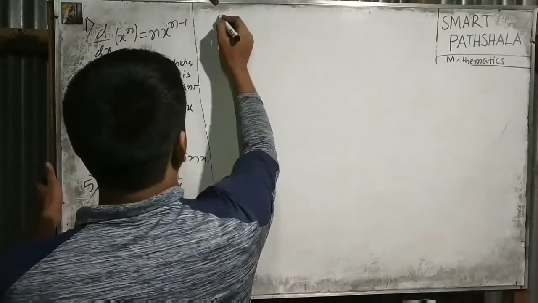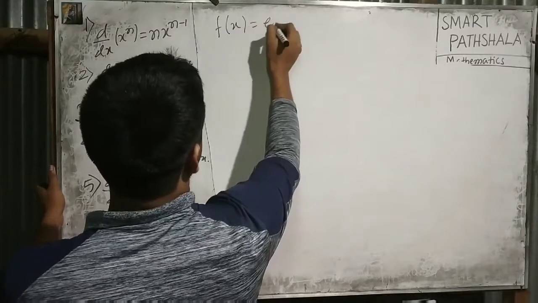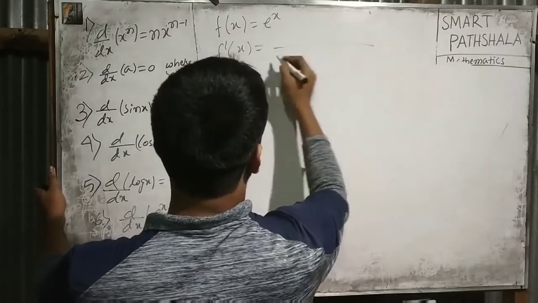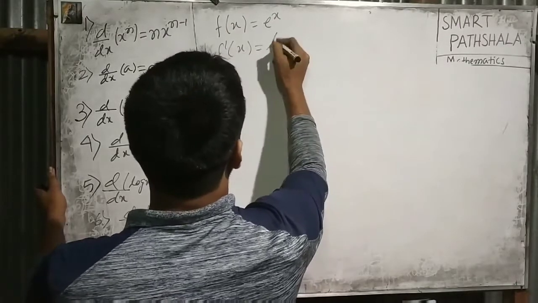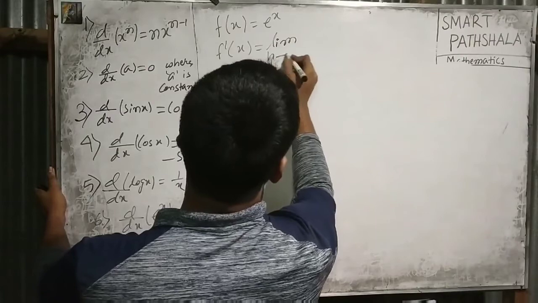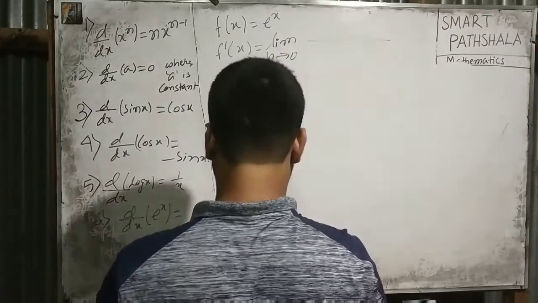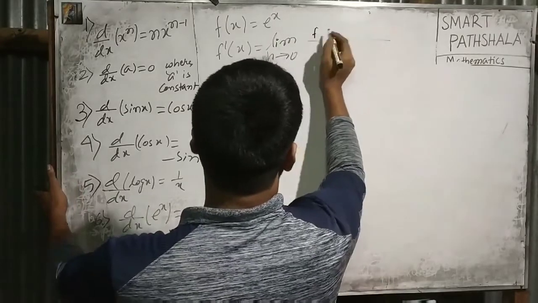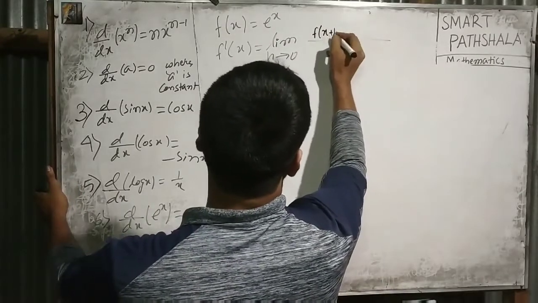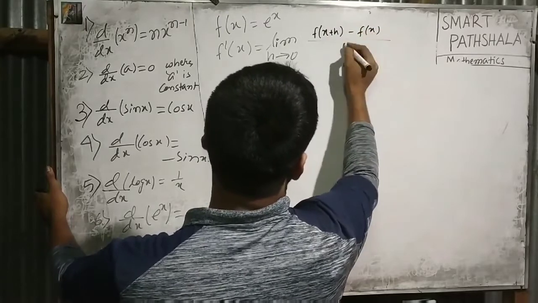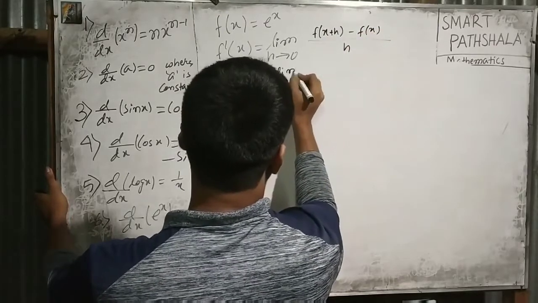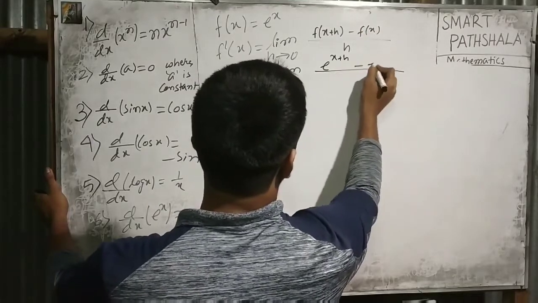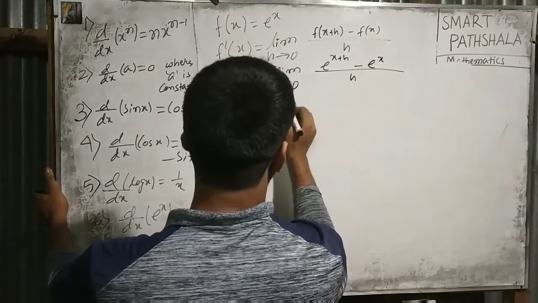Suppose we have a function f of x is equal to e to the power x. Then if we need to calculate f dash x, again follow the similar algorithm. First write limit of h tending towards 0, f of x plus h minus f of x by h, which will give you limit h tending towards 0, and f of x plus h means e to the power x plus h minus e to the power x by h.